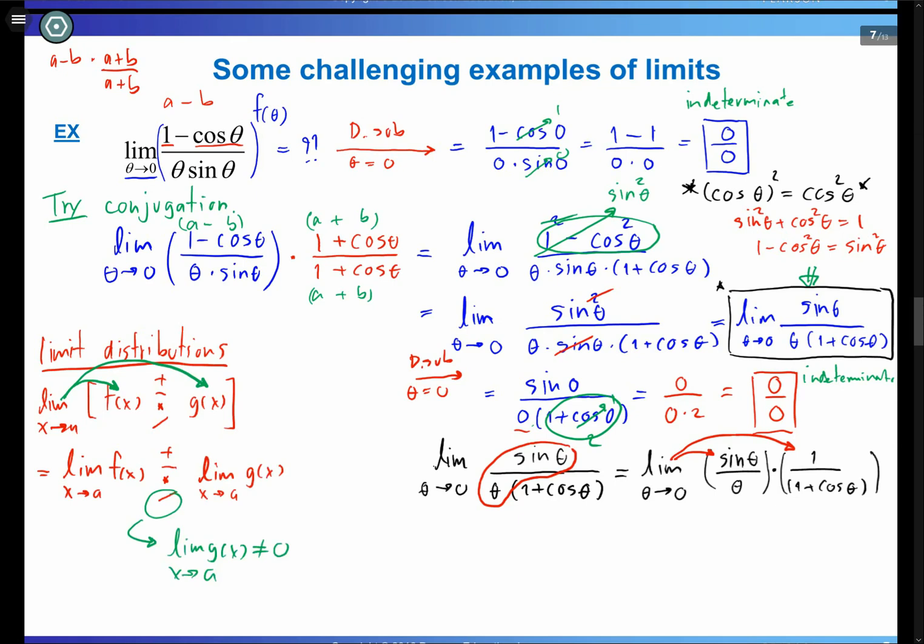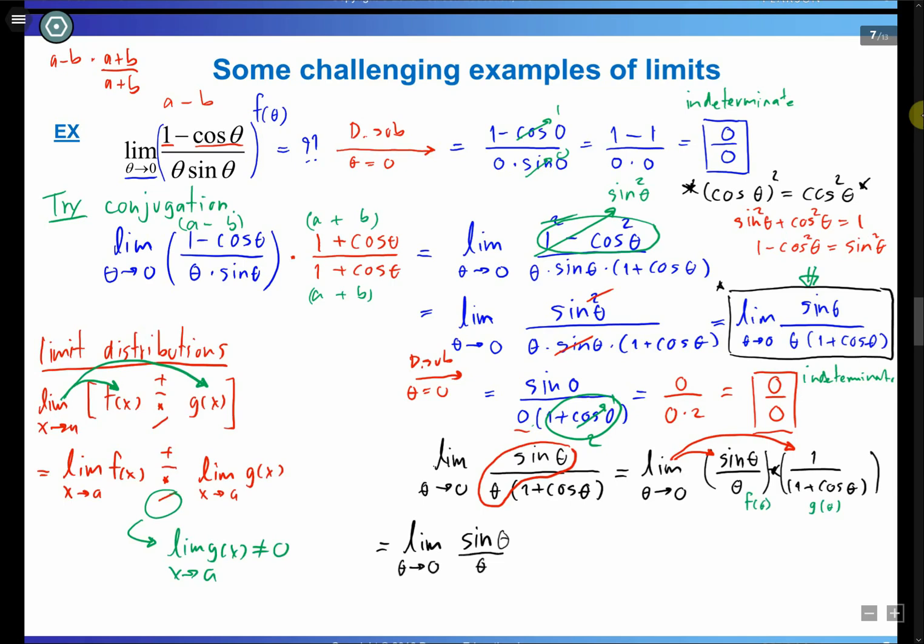So the one we have here is multiplication, so we can distribute the limit to each one of them. Here I'm going to get this instead: the limit of the first subfunction. Let's call this one f(theta) and this one g(theta). The first subfunction is sine theta divided by theta as theta approaches 0.